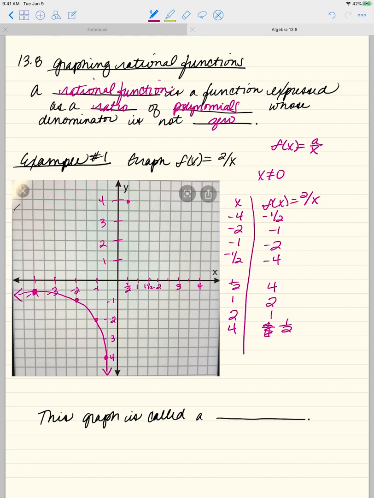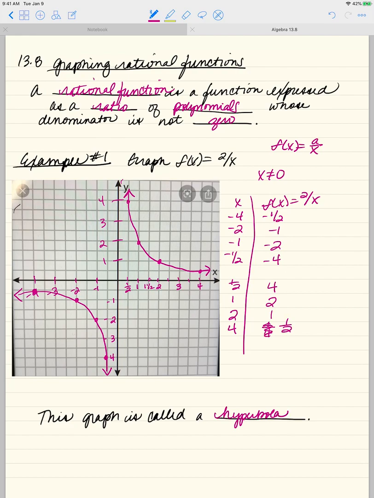1, 2, 2, 1, and 4, 1/2. All right, this particular graph is called a hyperbola.